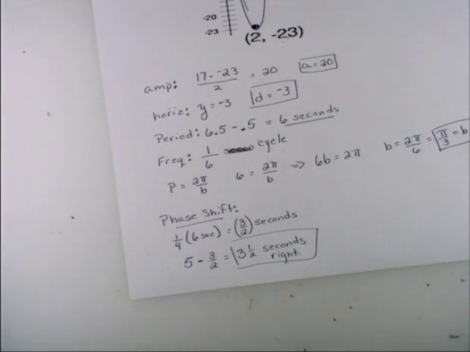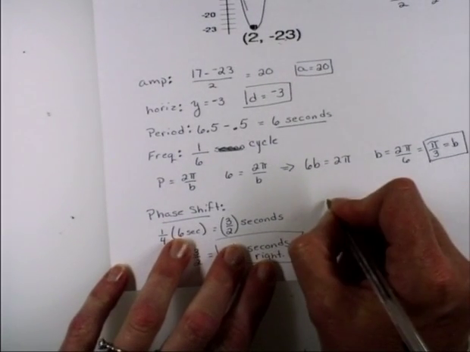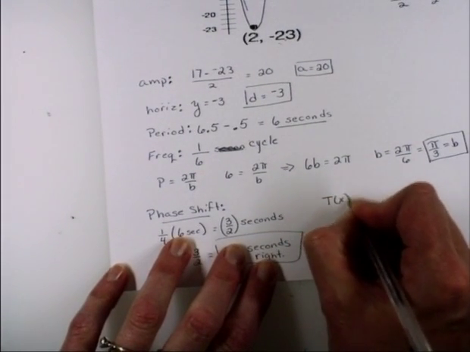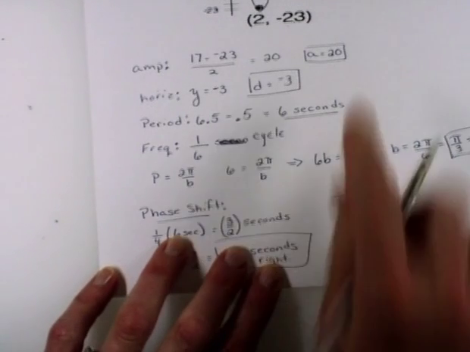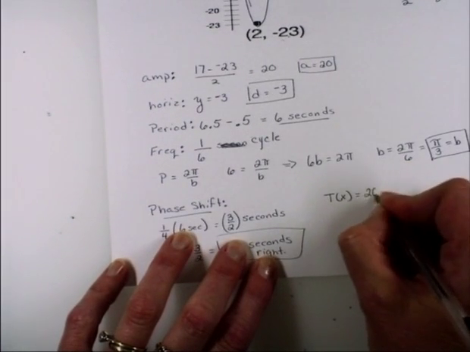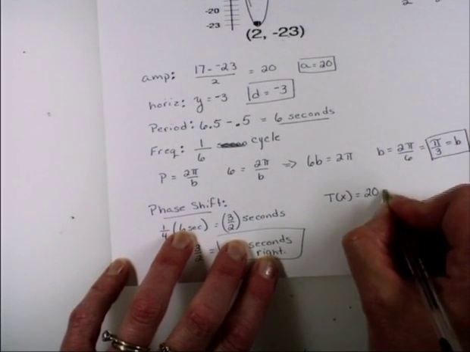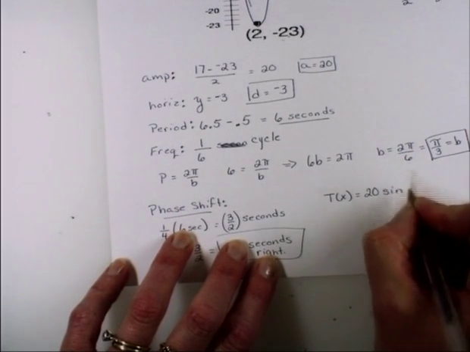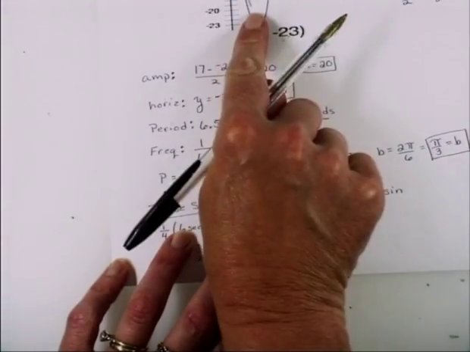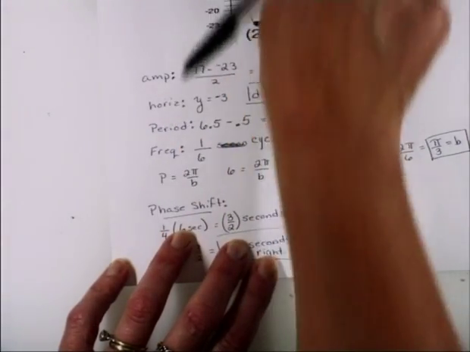All right, so now we just put all our pieces together and write our function. So we'll call this T of x for Tarzan. T of x is equal to our amplitude, 20, times the sine. And it might be more convenient here, even though I didn't do it, you could have written this as a cosine function.